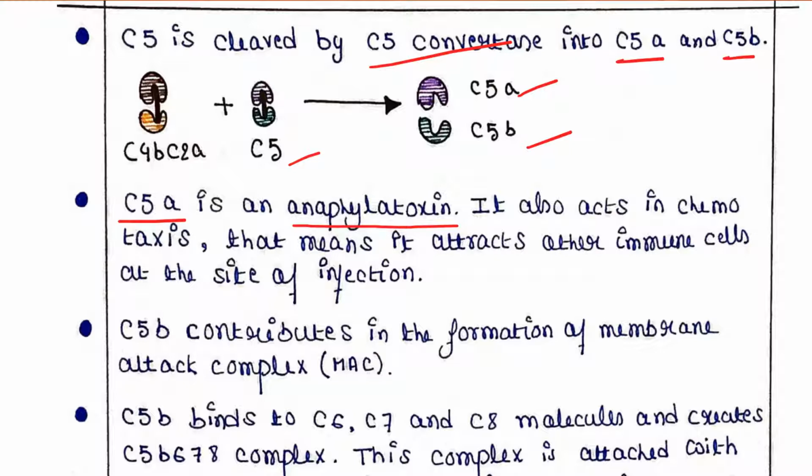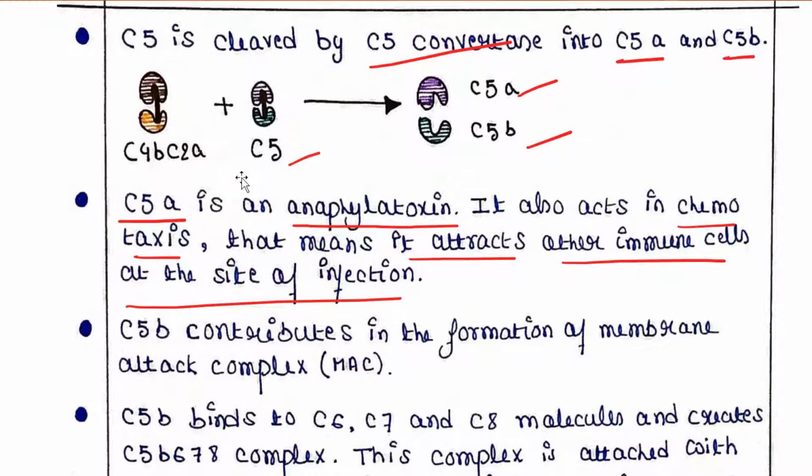So we know what an anaphylatoxin does, I am not repeating the thing. C5a also acts in chemotaxis. That means it attracts other immune cells to the site of infection. Because we know when an infection occurs, it requires a huge number of immune cells to come to that spot. And that is done by chemotaxis. So C5a helps in that chemotaxis.